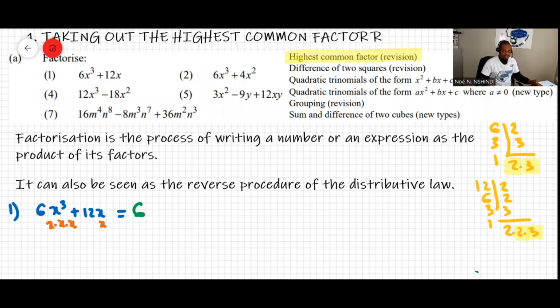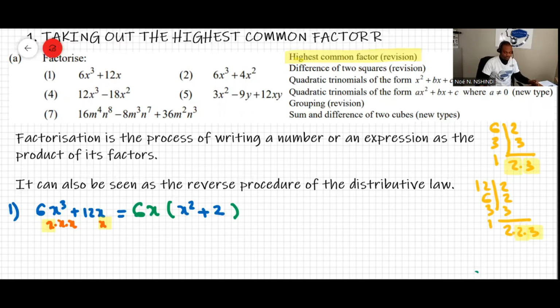So I can take x out as a common factor also, and over here I write 6x, open bracket, close bracket, and then we will be left with x squared plus 2, because 6x was a common factor. If you multiply back, you retrieve 6x cubed. If you multiply 6x by 2, that makes 12x. So that was question 1.